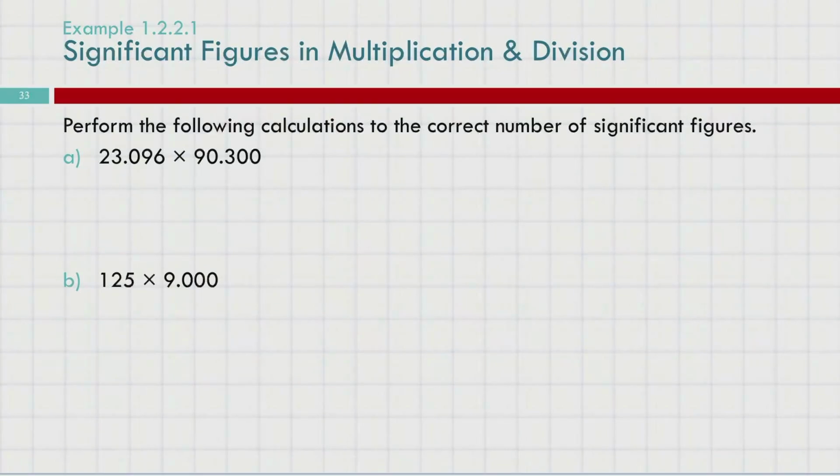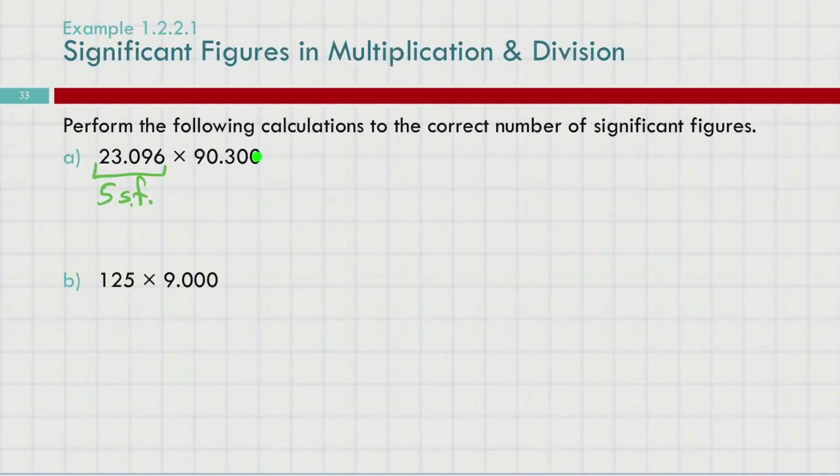All right, more examples. We want to do these calculations to the correct number of significant figures. How many significant figures does our first number have? 5. We've got 4 non-zero numbers and an interior 0. Those are significant.